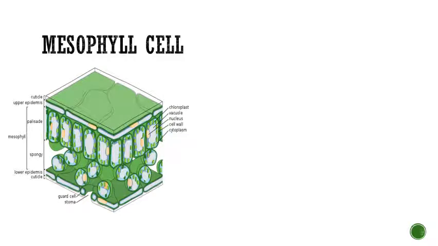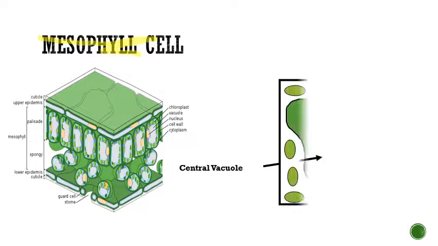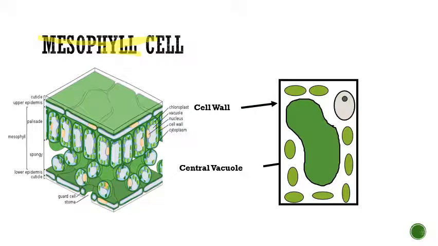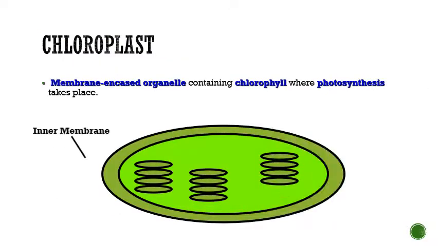Now coming to mesophyll cells. Mesophyll cells majorly consist of the palisade parenchyma and the spongy parenchyma. In between these structures, we can see the systematic arrangement of chloroplasts where the light reaction and the dark reactions take place.